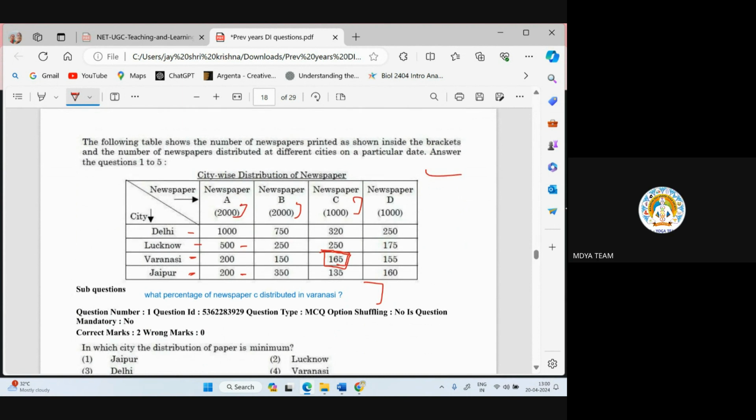Only 1000, because it is only asking what percentage of newspaper C, so the total will be the total number of newspaper C. If it were written what percentage of total newspaper is distributed in Varanasi, then we have to calculate all newspapers distributed in Varanasi as our part, and the total number of all newspapers as our total. Understood? Here it is only written newspaper C. Yes, yes. Okay.